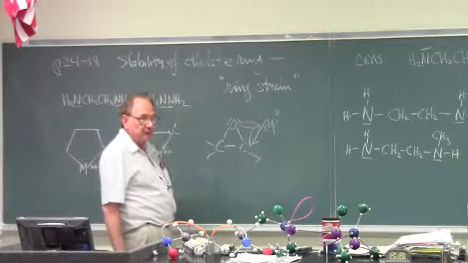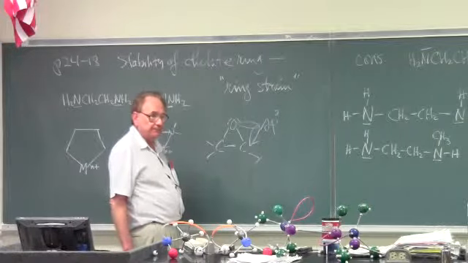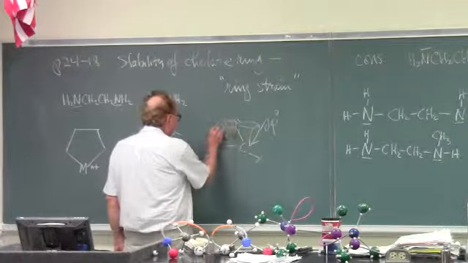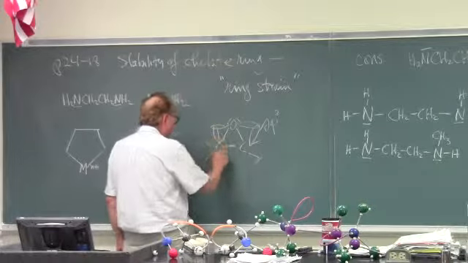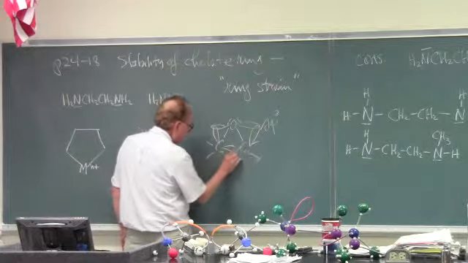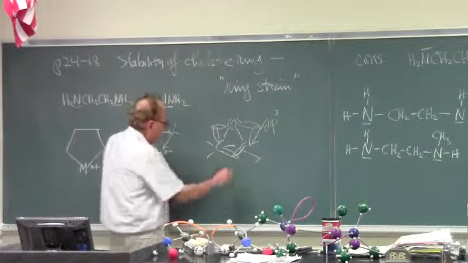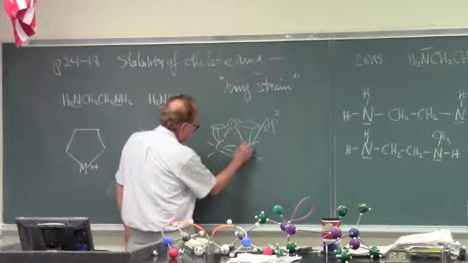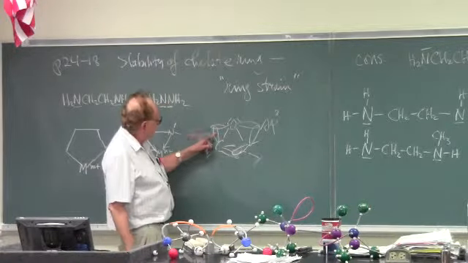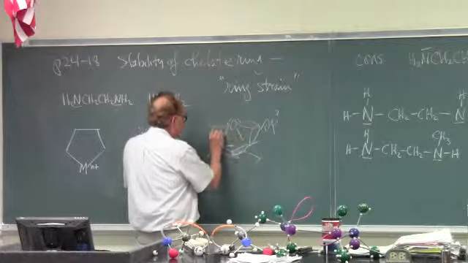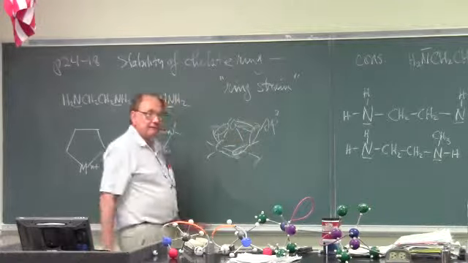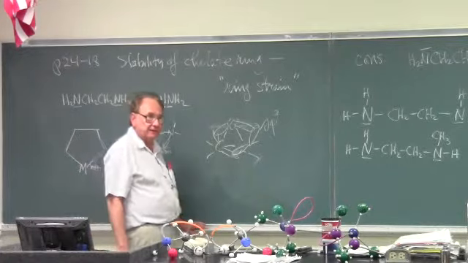if I draw a picture of the lobes used for bonding, which overlap with each other, not a very good picture. Then I'm going to draw lobes which have an angle of about 109 degrees with respect to each other.